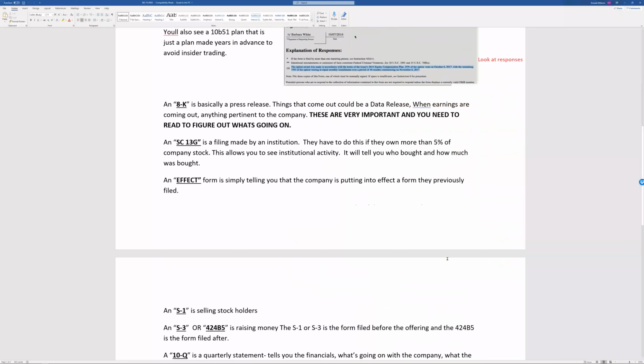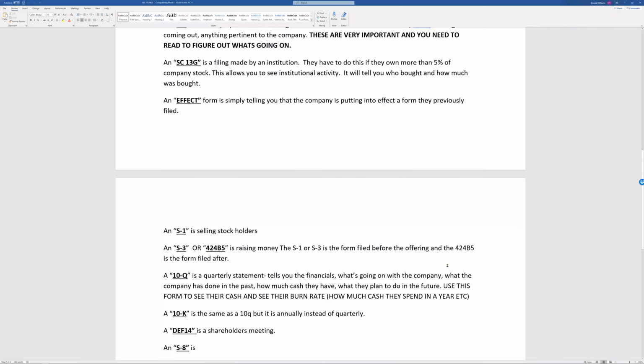Now, a few other things I want to get to is it's called the S3. The S3 is a shelf registration, especially if you're playing biotechs or smaller low float companies. If you watch my video about Momo float stocks and how to play them, I explain a lot about the S3 and what the 424B5 does. But the S3 is a shelf.